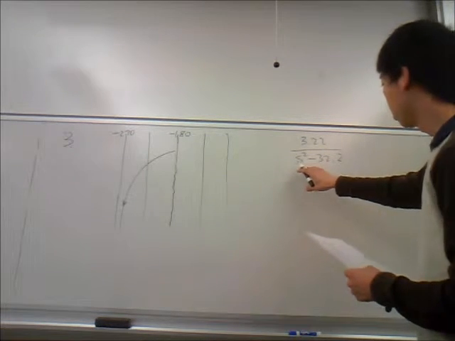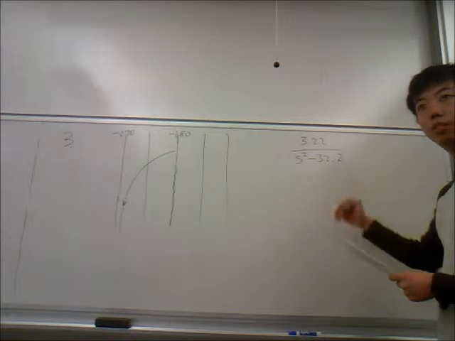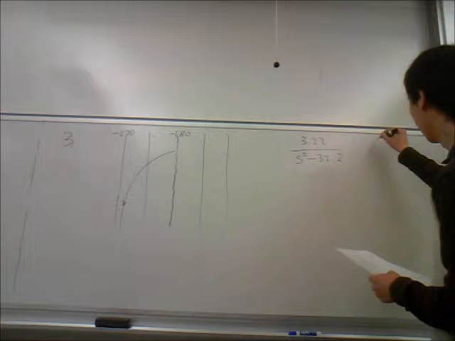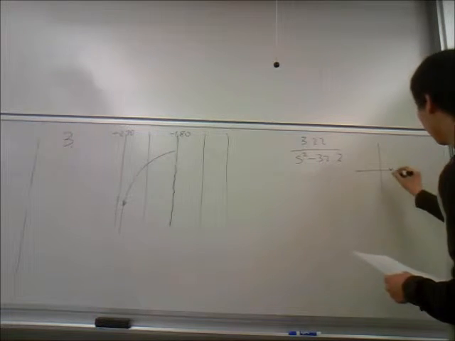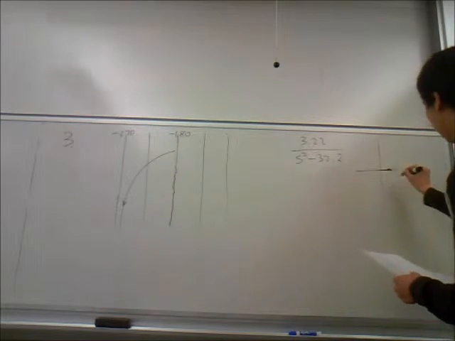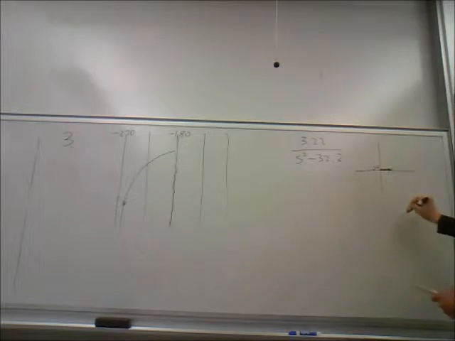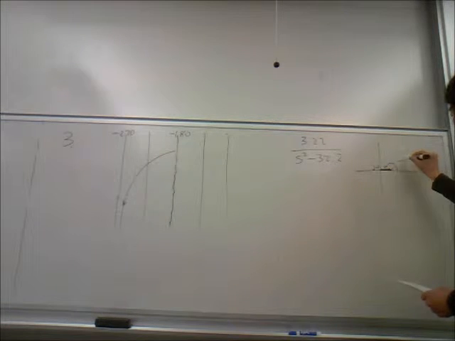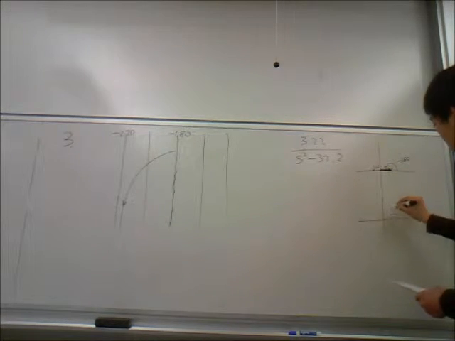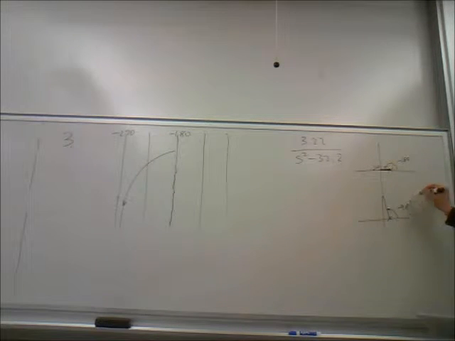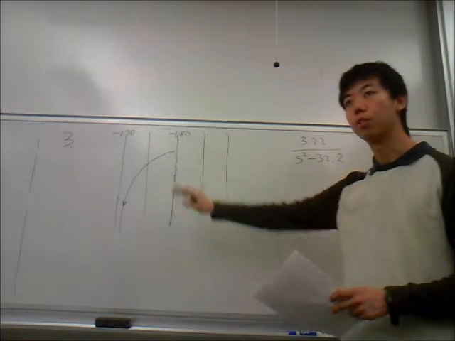So this is a pole in the right half plane, and if you remember the stuff from E105, E205, you have a pole here. When omega is small, you're at negative 180, and then when omega is big, you're now at negative 90. So that's why this starts at negative 180.